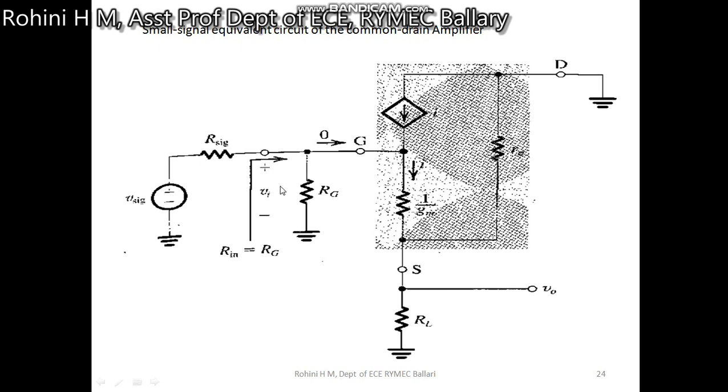You can see the circuit. So what is V in? The total voltage applied here is V signal. From the voltage divider rule, V in is the voltage across this Rg. So we can write Vi is equal to resistance in this terminal Rg divided by Rg plus resistance in the other branch, that is R signal, times the total voltage V signal.